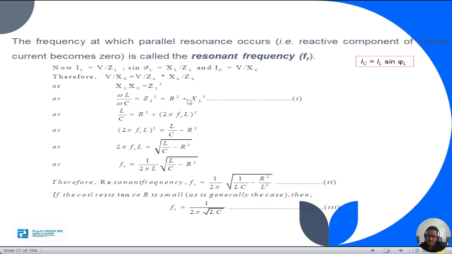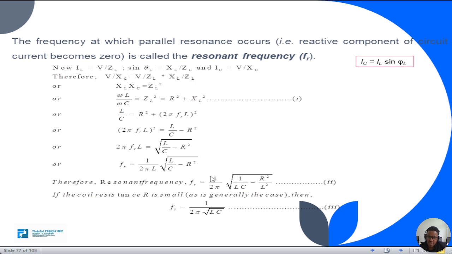ZL square means R square plus XL square. So L over C becomes R square plus (2 pi FR L) squared. Moving terms, (2 pi FR L) squared equals L over C minus R square. So FR equals 1 over 2 pi L, under root of L over C minus R square.